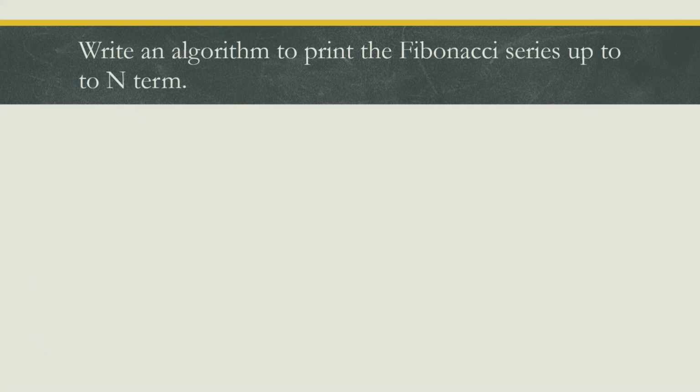Let me write some steps. I will show you step by step in detail. But before we write the exact solution, let me show you a sketch of the solution for this algorithm. Very first step: take a value from the user and store it in variable n.